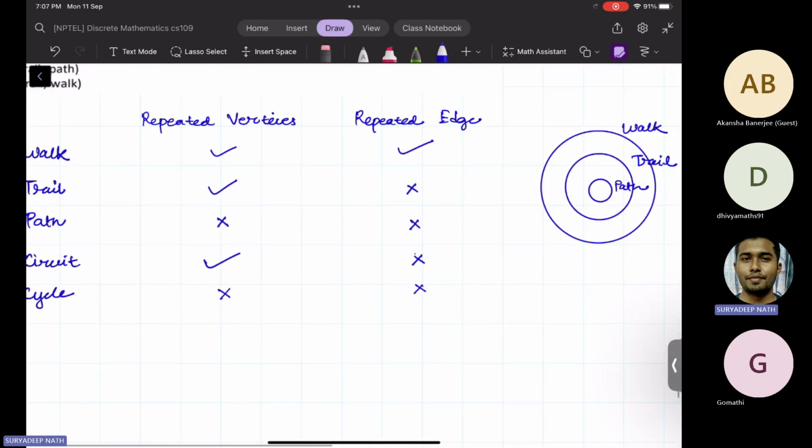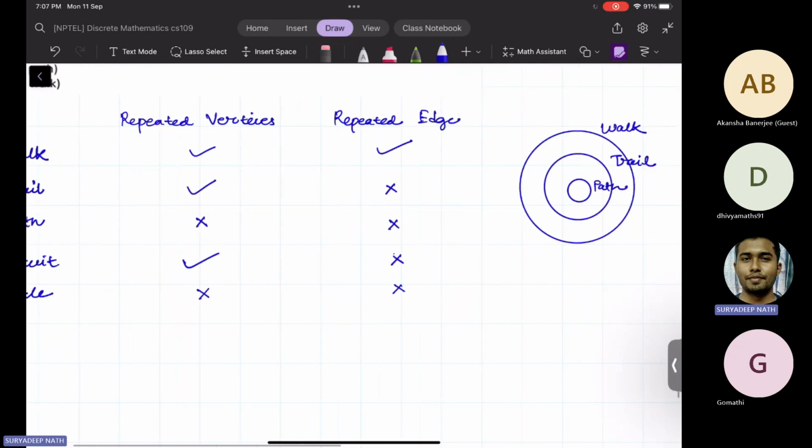About circuit and cycle, like I have mentioned before, these also fall under trail. So a circuit will fall under a trail, and cycles will also fall under trail.